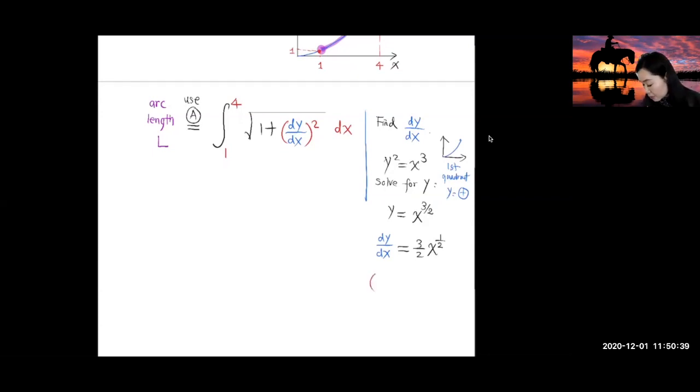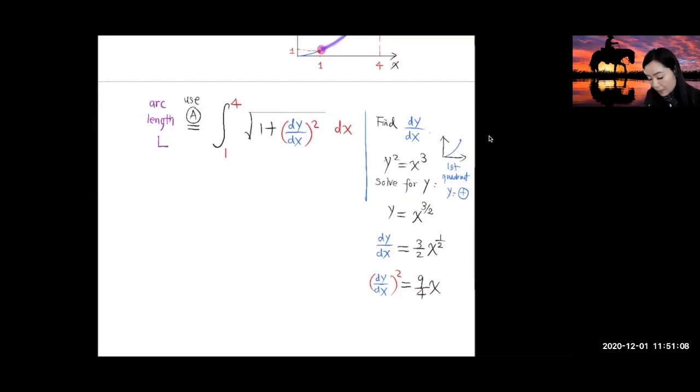So dy/dx squared is equal to what? 9 over 4 times just x, right? Squaring x to the 1/2 power gives just x, since x is positive.